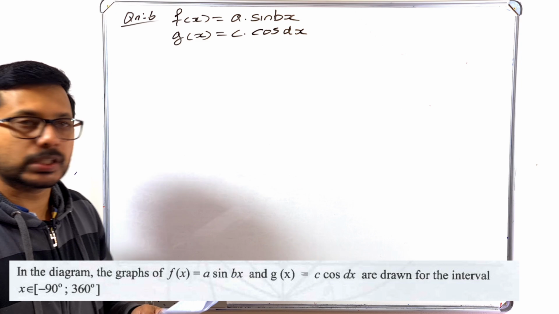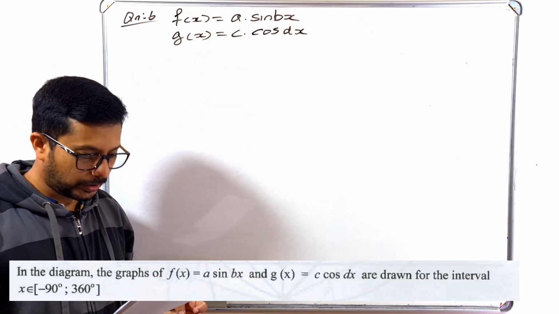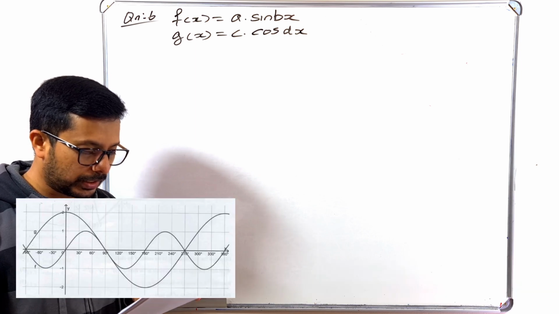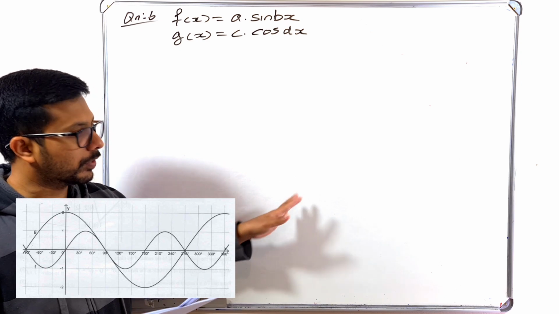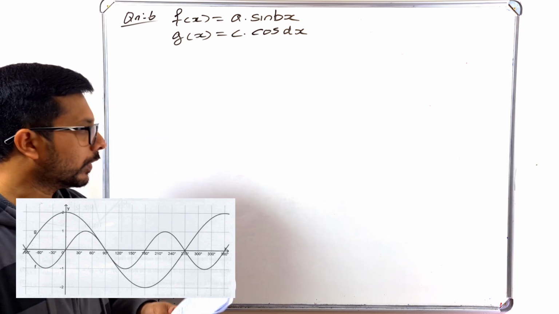So there are two functions given, one is f of x and the second one is g of x, okay. Then based on this one also, x is an element of minus 90 to 360. So first let me draw that diagram, then based on that one I will explain, okay.